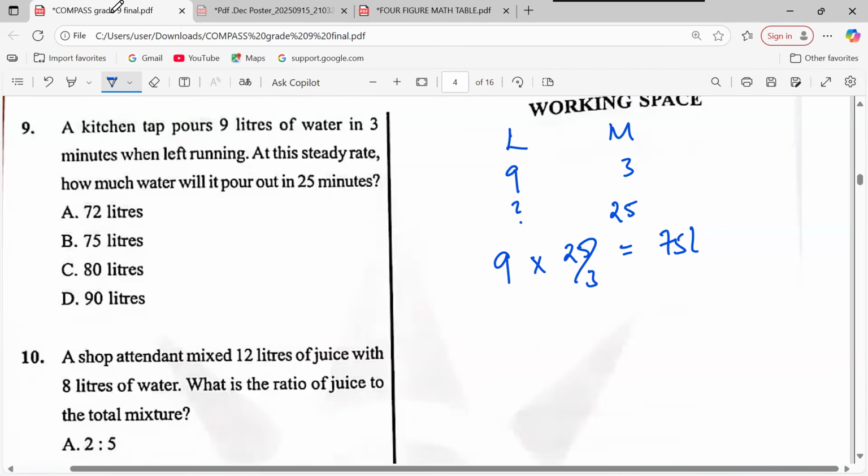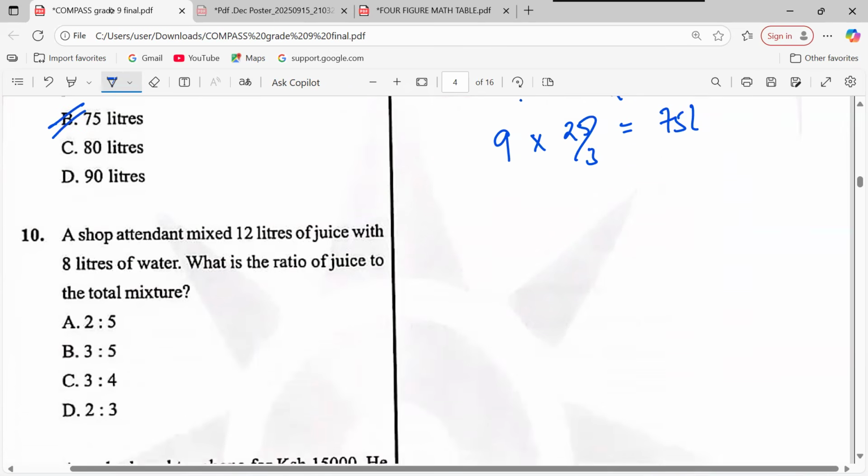So 75, and that is liters. Yeah. I thought it's how much more. Remember when they say how much more, it will call for some subtraction.